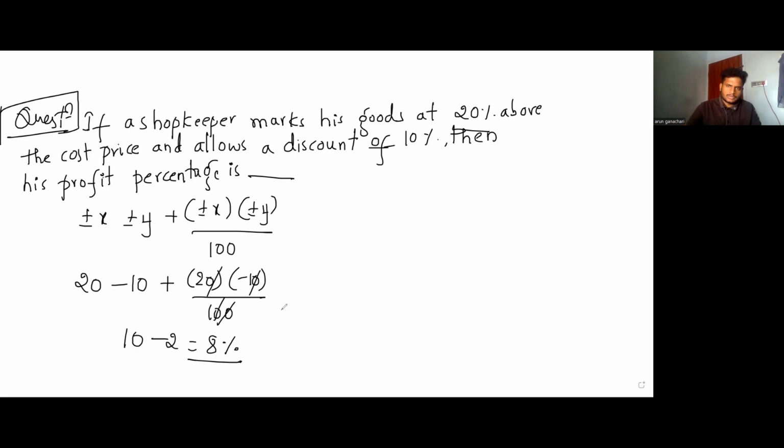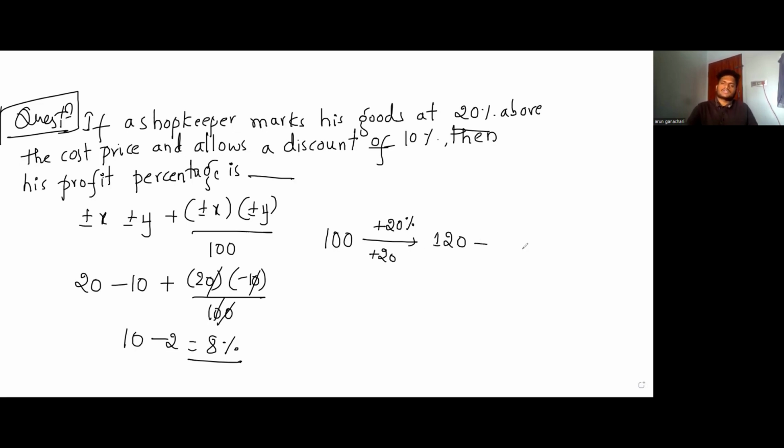Or you can do one more method, that is, let us imagine the price of the product is 100 rupees first. And if we are increasing the price by 20%, what is 20% of 100? 20, yes or no? So the price will become what? 100 plus 20, that is 120.